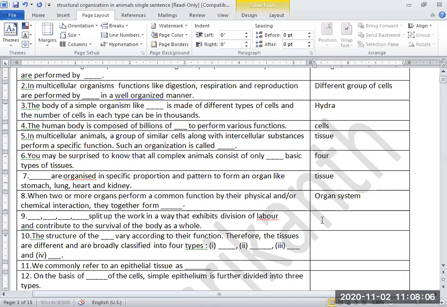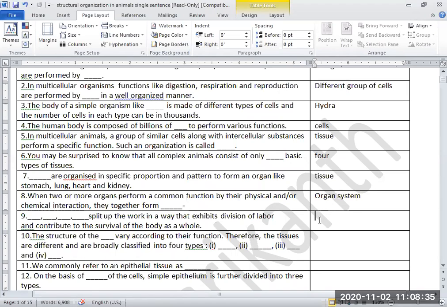So, dash split up the work in a way that exhibits division of labor and contribute to the survival of the body as a whole. Who gets split up to work this way?